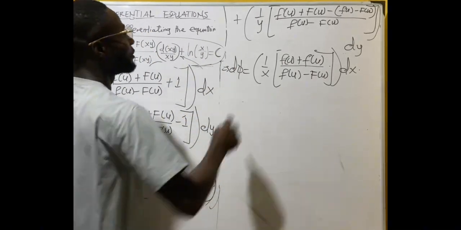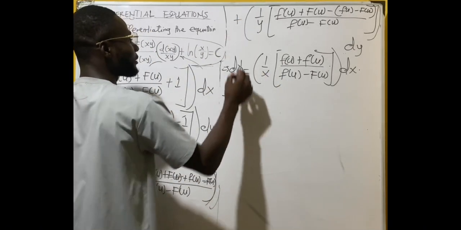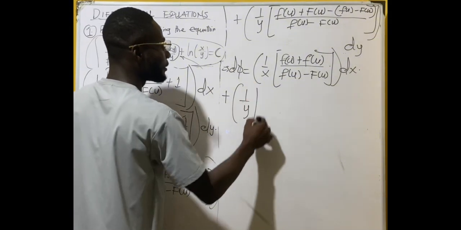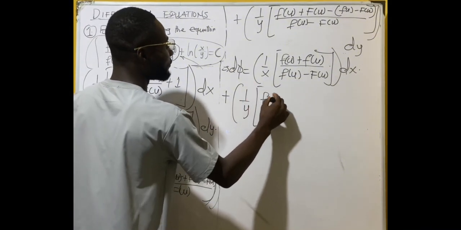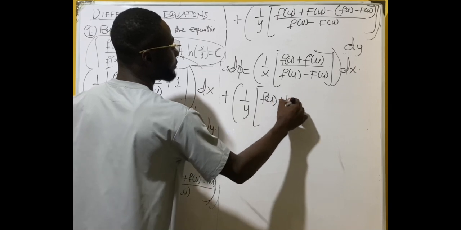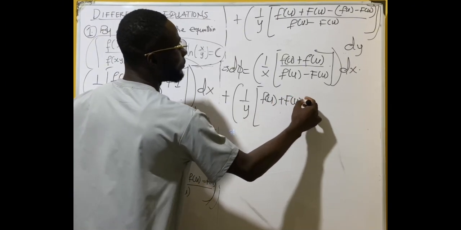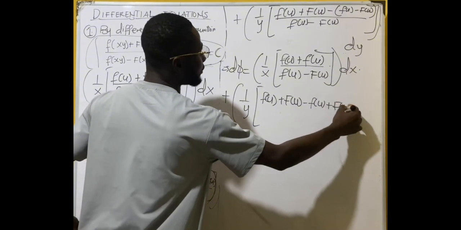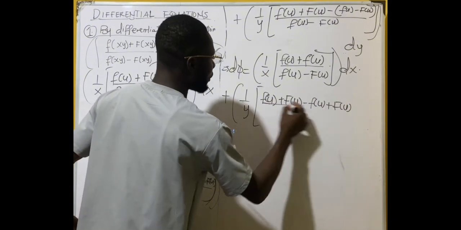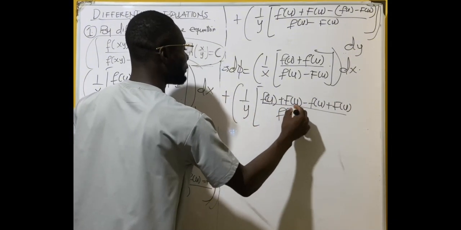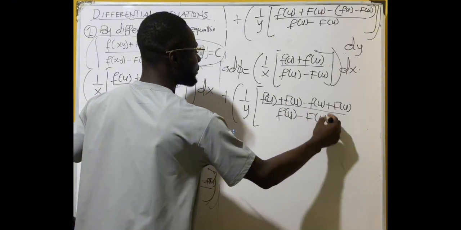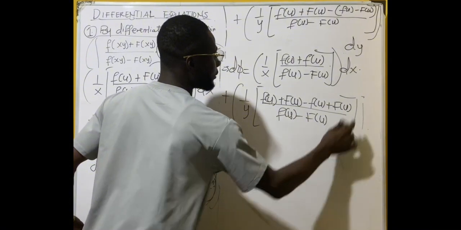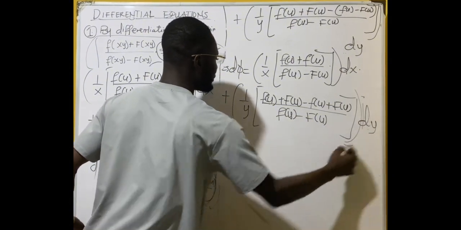We're going to do the same simplification for the second part, which is 1 on y, then f of u plus big F of u minus f of u plus big F of u, all over small f of u minus big F of u, all multiplied by dy.